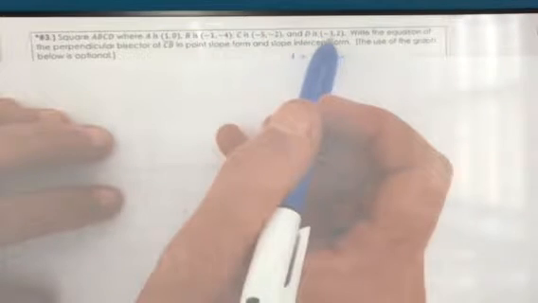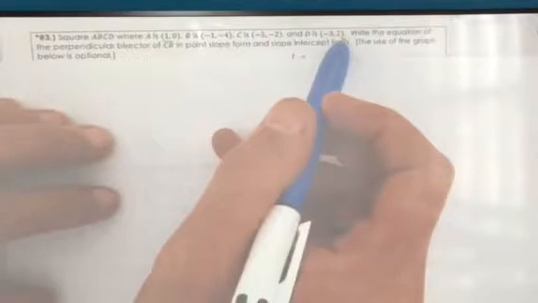Number 3. Okay, number 3 talks about a square. Square ABCD, where A is at 1, 0, B is at -1, -4, C is at -5, -2, and D is -3, 2.